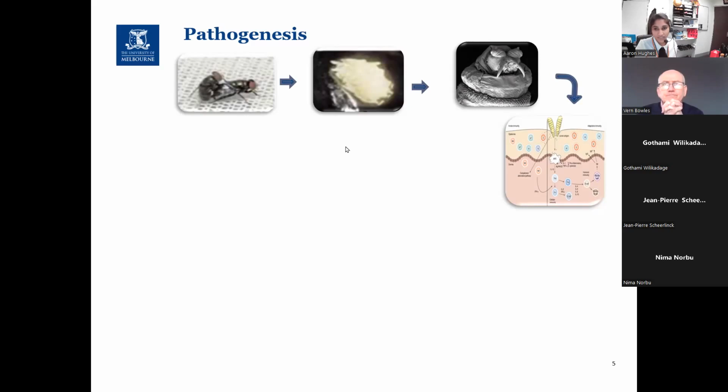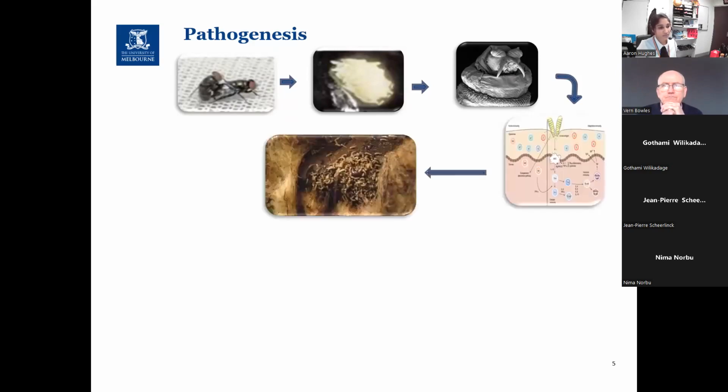At the same time, they release a lot of enzymes which degrade the host tissue. This mechanical and chemical reaction stimulates an inflammatory reaction from the host tissues, and the collective action of the host immune response together with the mechanical and chemical damage of the larvae results in a rapid development of an exudative wound.